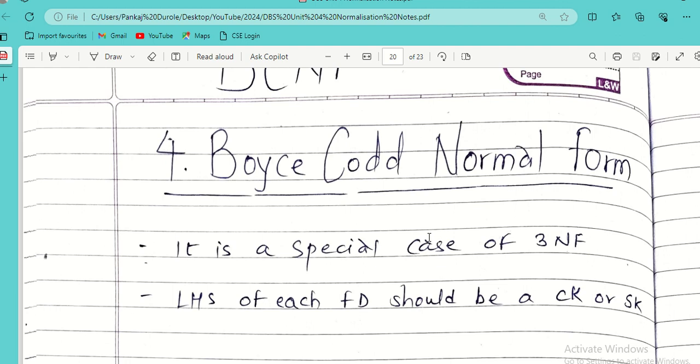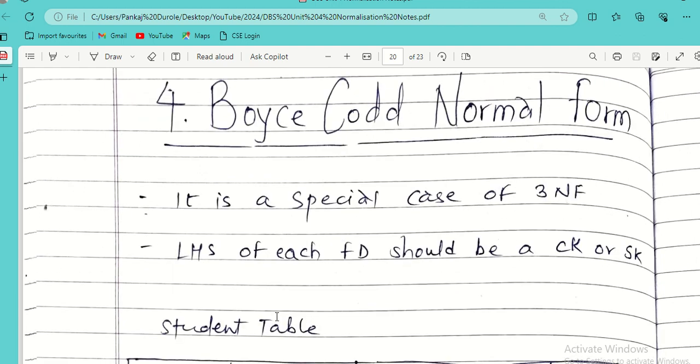In 2NF non-prime attributes should be fully functionally dependent on the prime attribute. And in 3NF transitive dependency should not be there. The normal forms coming one after another are different steps of normalizing the data, or rather the next steps to normalize the database.